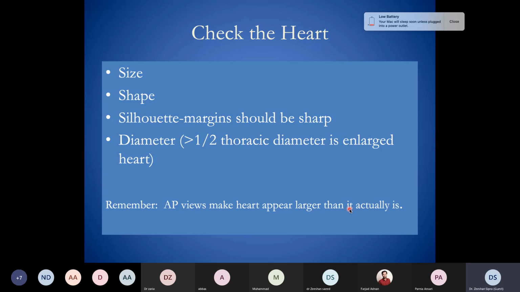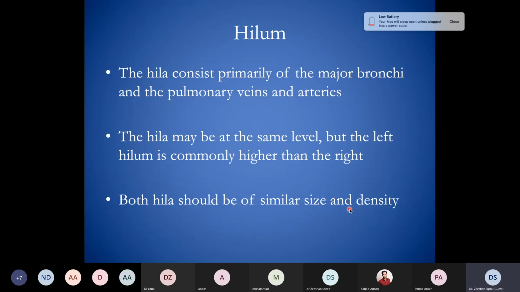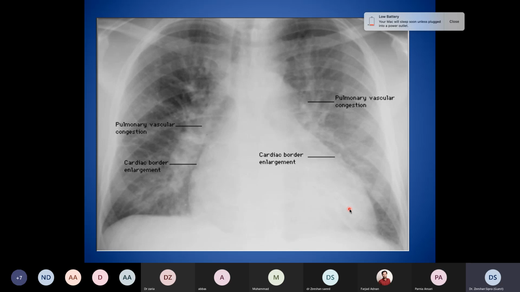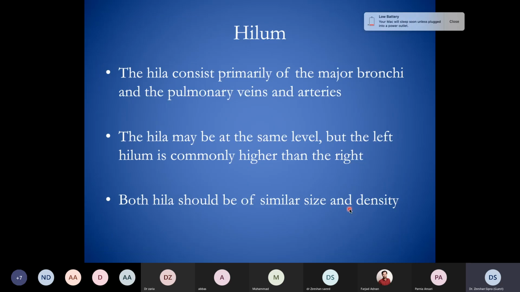We already covered diameter. So I feel we'll move to the hilum in our next session, inshallah. And then I'll cover the lung zones as well as the vascular markings. And I would rather let you appreciate different types of pulmonary edema in the next session.